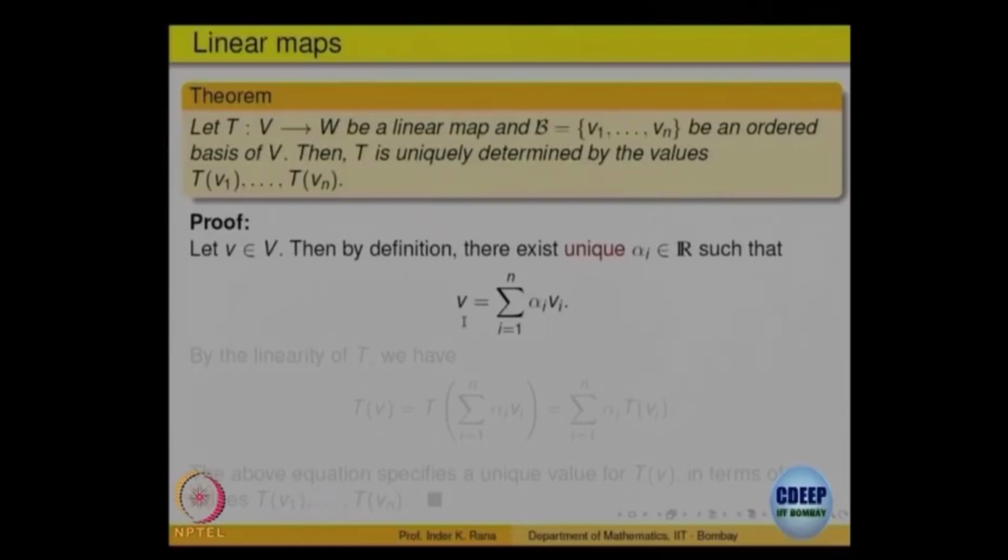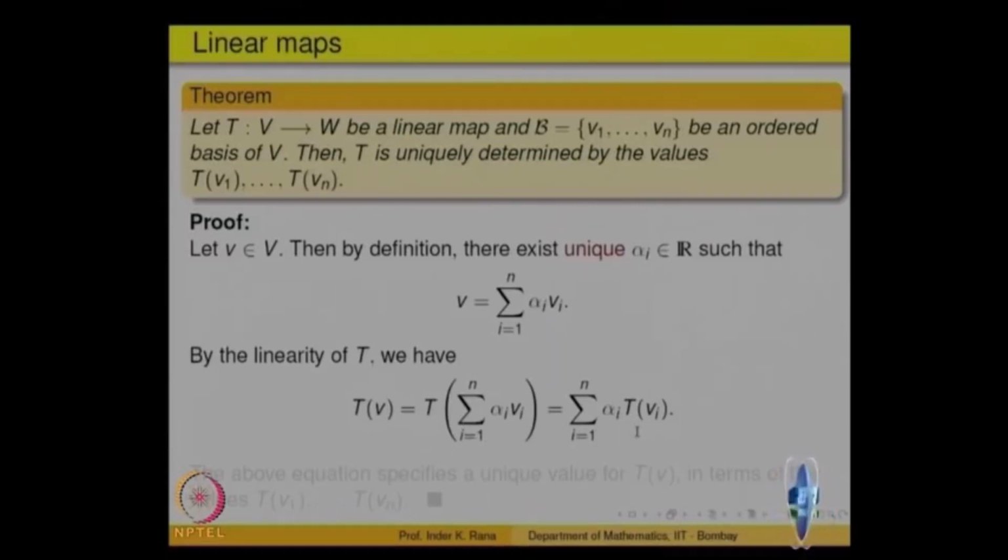But if T is this, so what is T of v? T of v is T of the linear combination, but T is linear. So, what is T of the linear combination? It is a linear combination of the individual ones. So, T of v is T of the sum, which is the same as sigma alpha_i T of v_i by linearity of T, right.